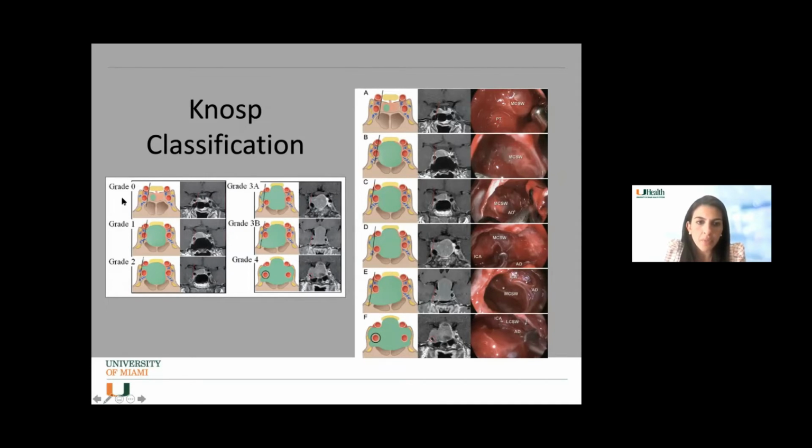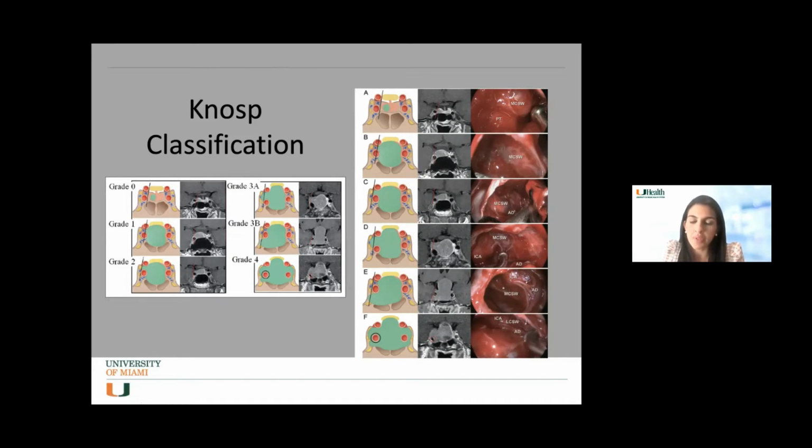You can see here, it ranges from grade 0, where the tumor is entirely within the sella and is not near the cavernous sinus, through grades 1 and 2, which abut but don't necessarily invade the cavernous sinus, whereas grades 3 and 4 are more invasive, with 3A being invasive into the superior component of the cavernous sinus, 3B into the inferior component, and 4 being circumferential around the carotid artery.